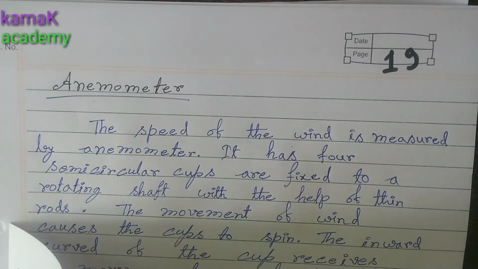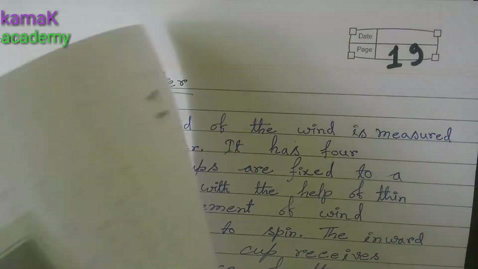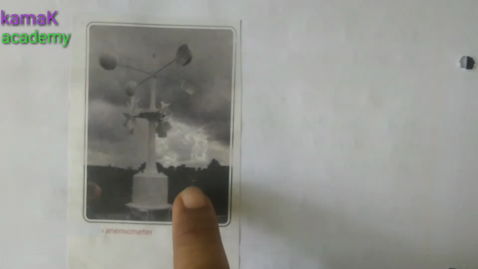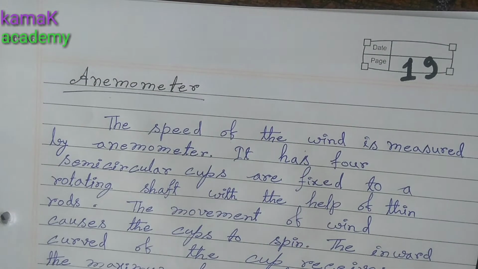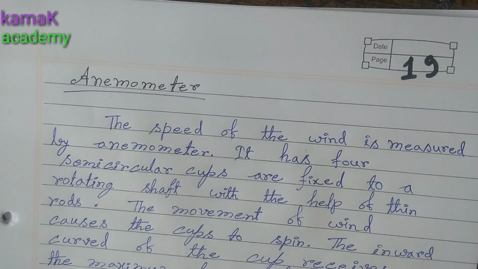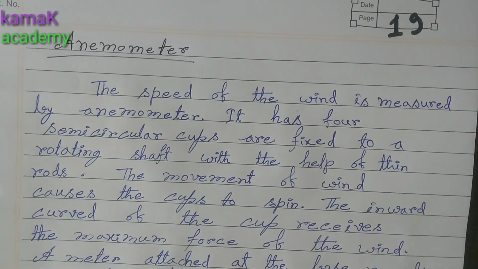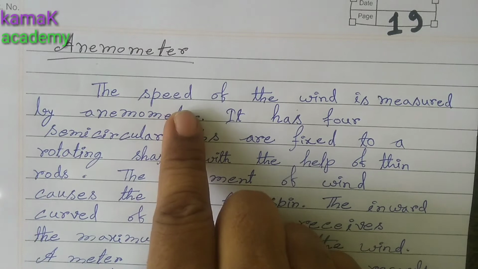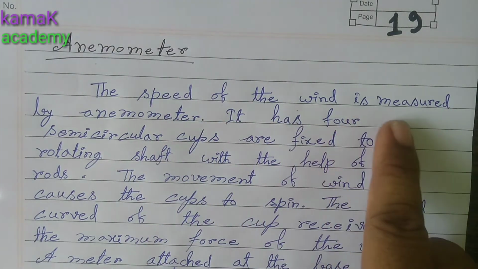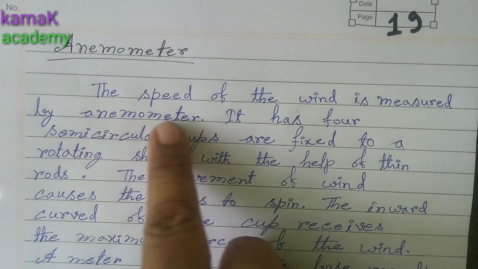Page number 19, anemometer, and watch here the diagram. Anemometer. The speed of the wind is measured by anemometer.